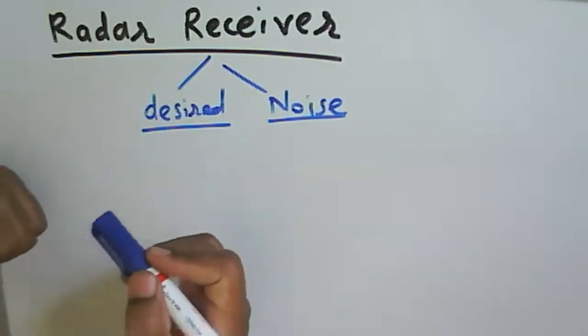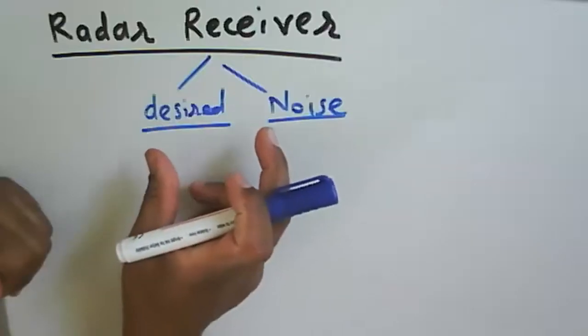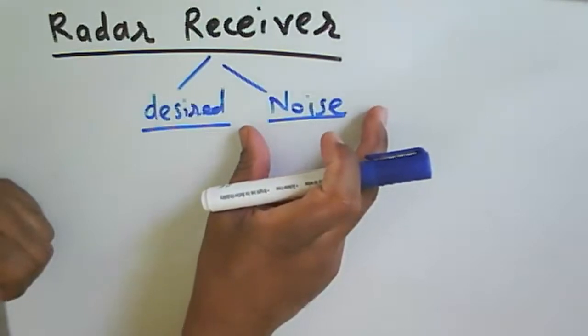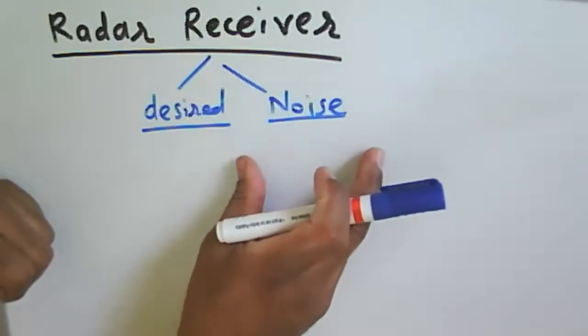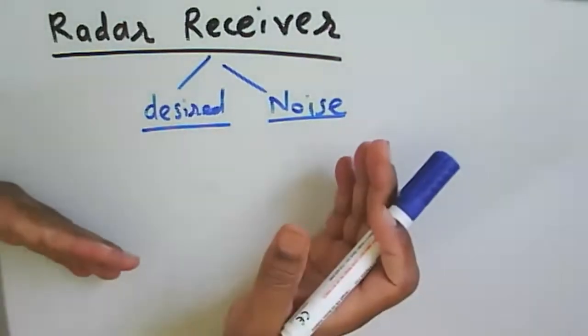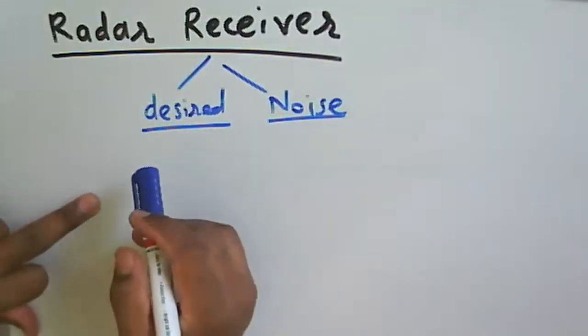The echo signal received may be the desired one as well as the unwanted one. So we need to separate out or remove the unwanted signal before amplification, because in a radar receiver there is one more block, an amplifier.